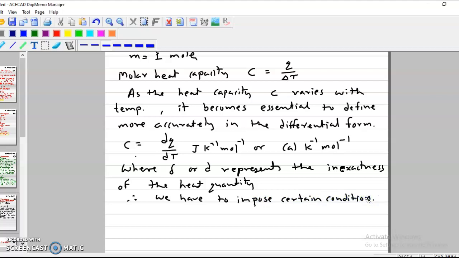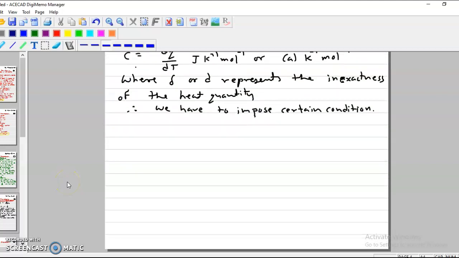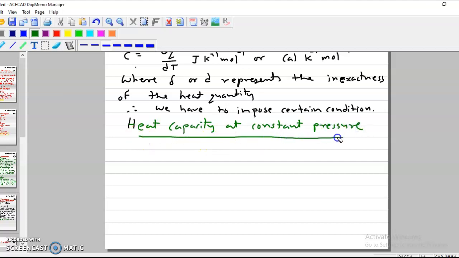So let us take the first condition, that is heat capacity at constant volume. It is also known as Cv.